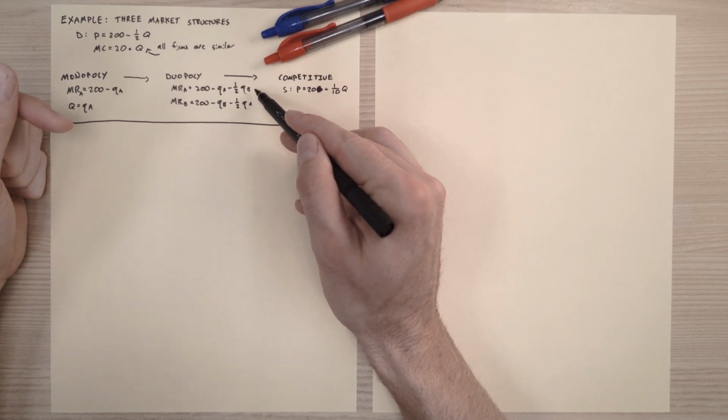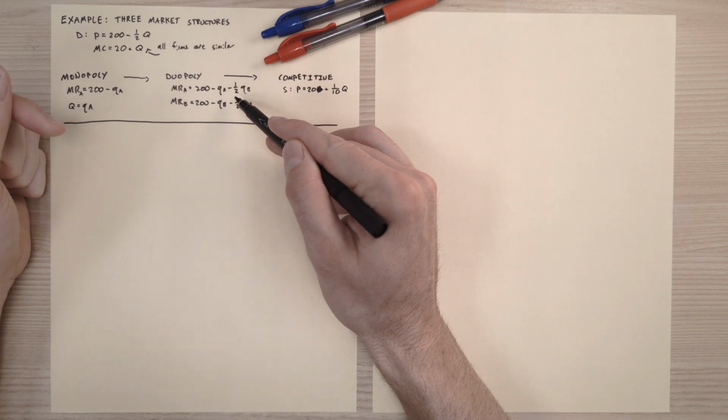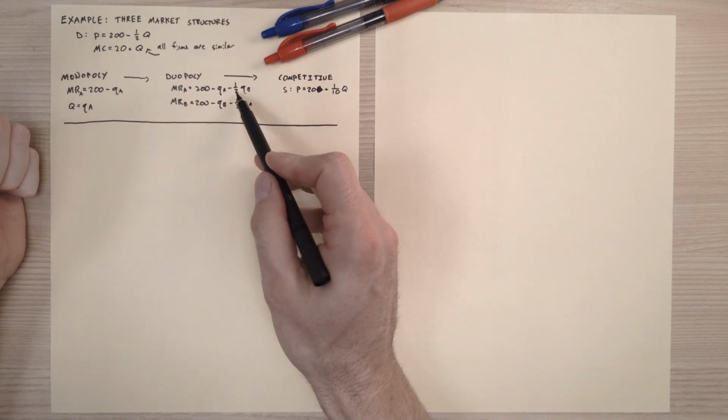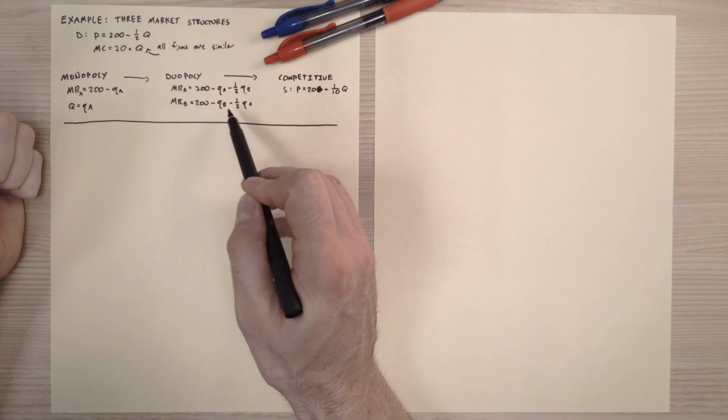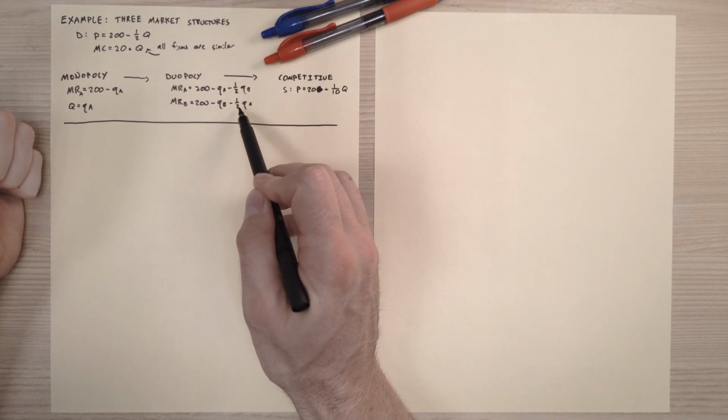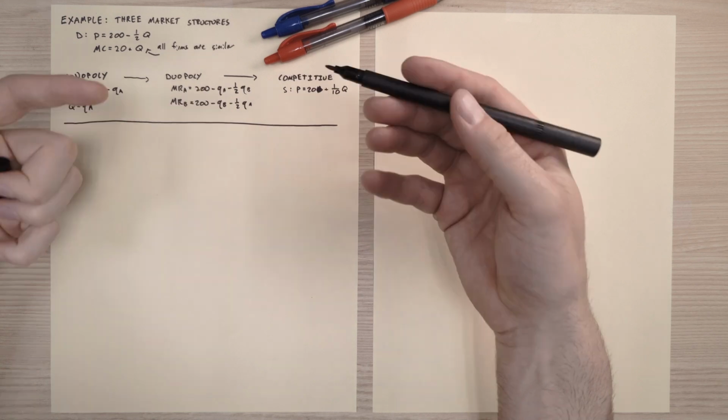So we have QB in the marginal revenue curve for firm A, which is represented here. Then we also have the marginal revenue for B, which is just really the symmetric form for firm B.